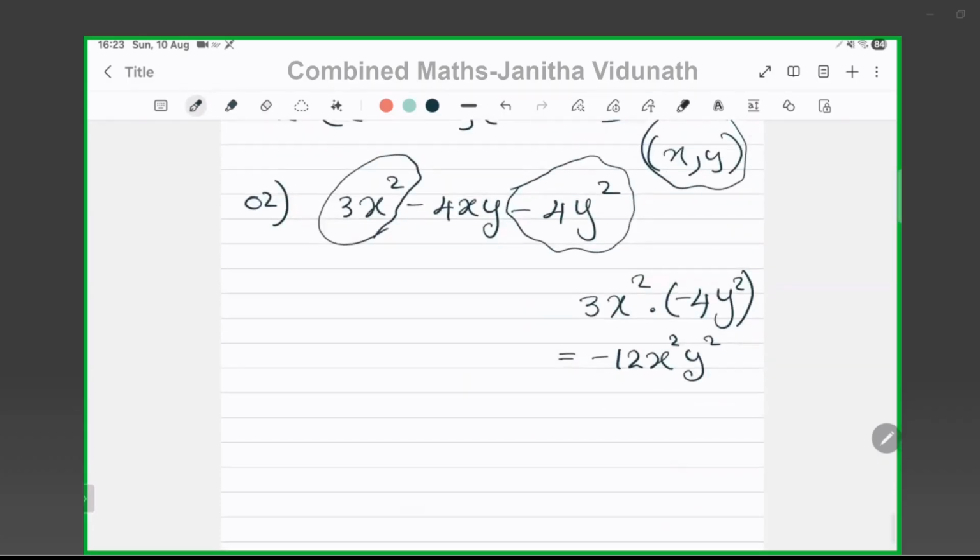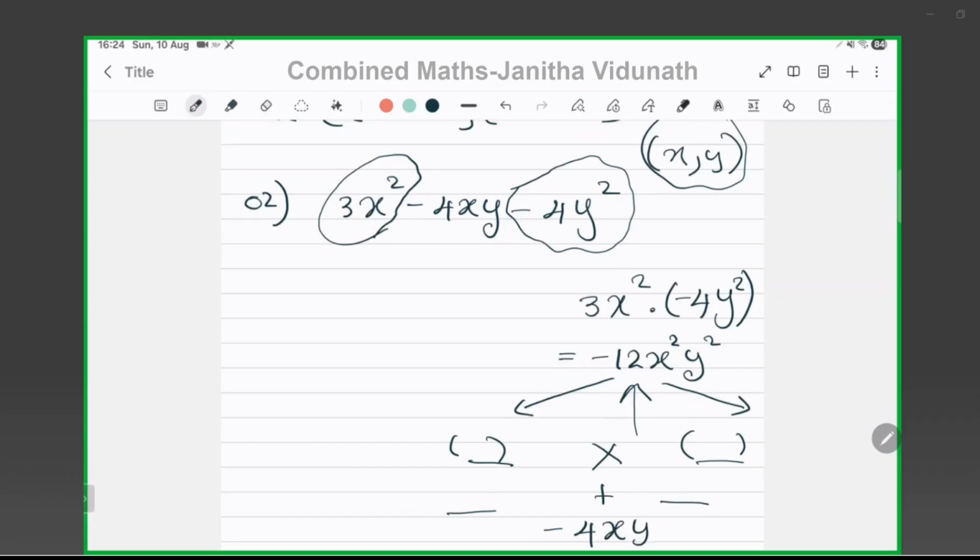Then we need to find two factors that give this product, minus 12 x square y square, and by adding those two terms, they need to give minus 4 times xy. Let me repeat again.